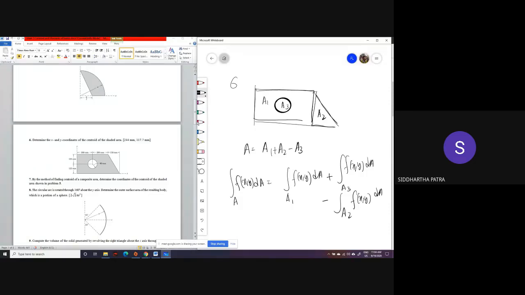In that way the area becomes A1 plus A2 minus A3, where the integrand f of x y equals 1 when I'm trying to evaluate the area. And let's say I'm interested in finding out the centroid, then it should be equal to x.